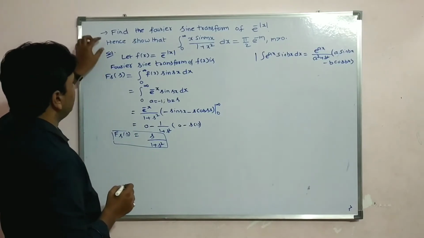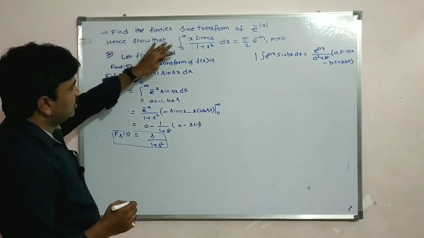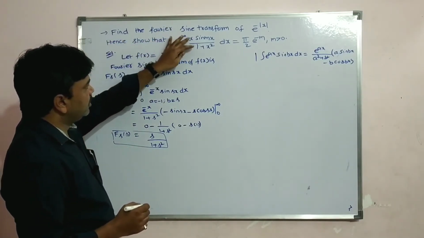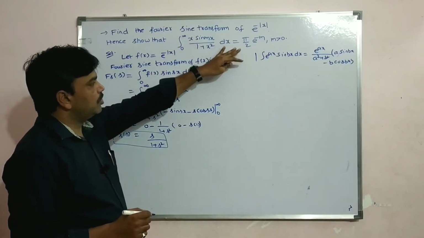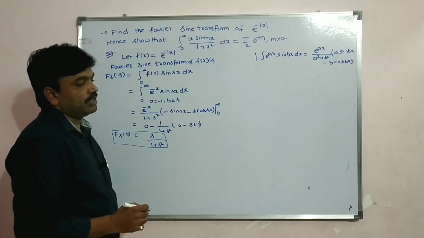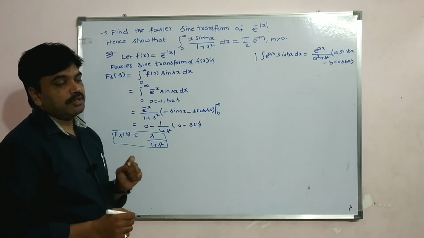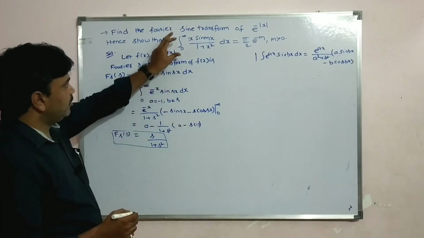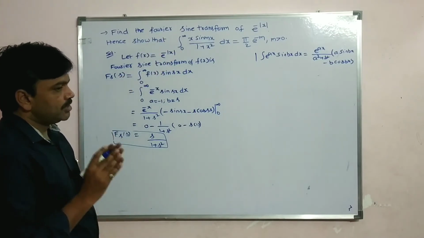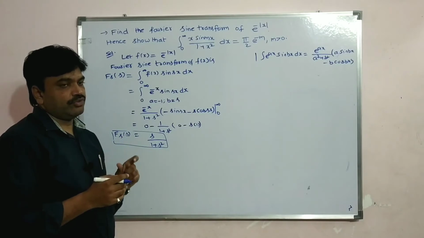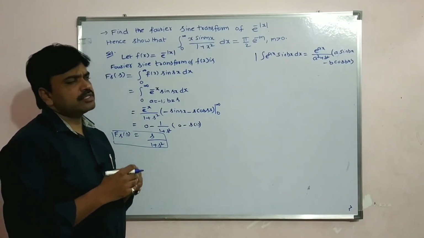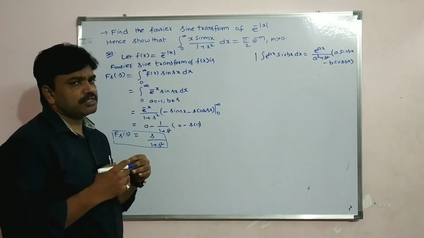Now, what was mentioned: show that integral 0 to infinity x sin mx by 1 plus x square dx is equal to pi by 2 e power minus m. To evaluate such type of integration, we always take the inverse transform. If it is a sine transform, we take the inverse Fourier Sine Transform.